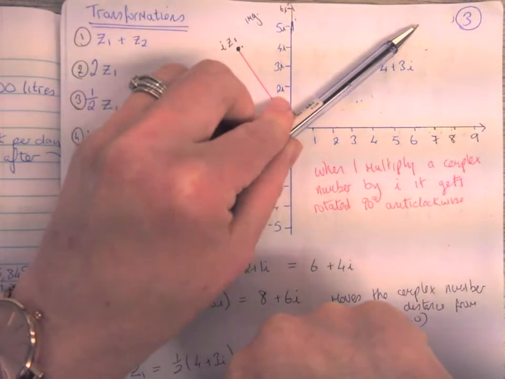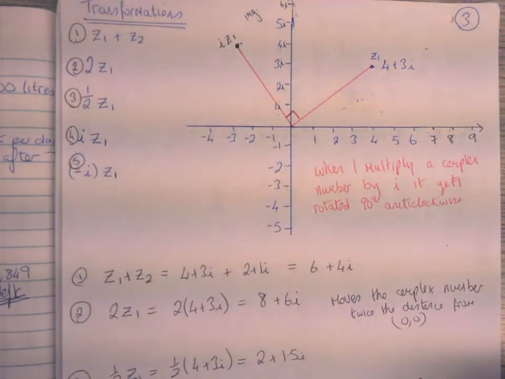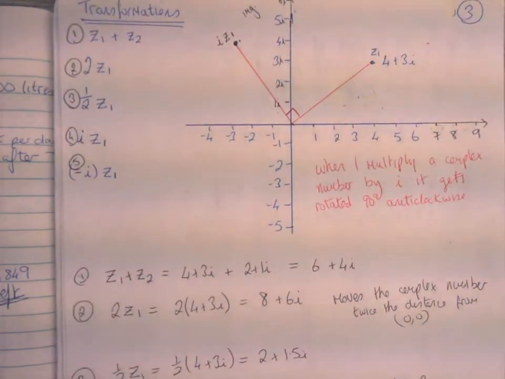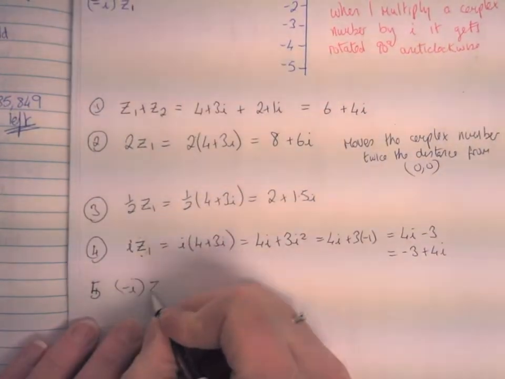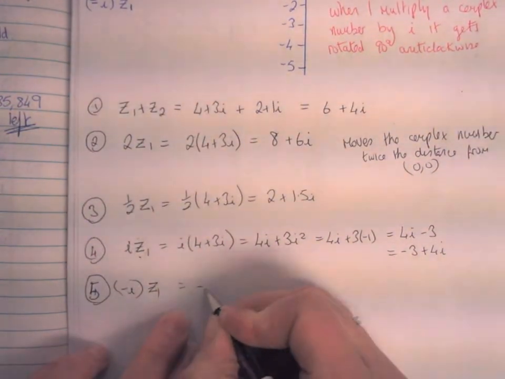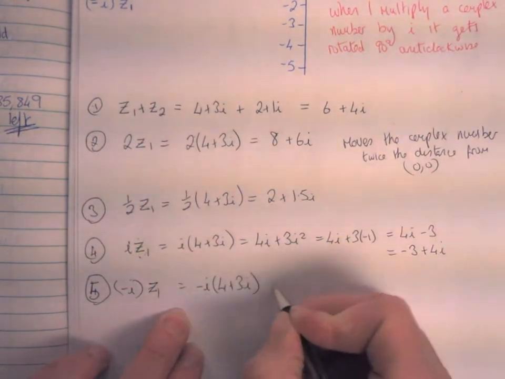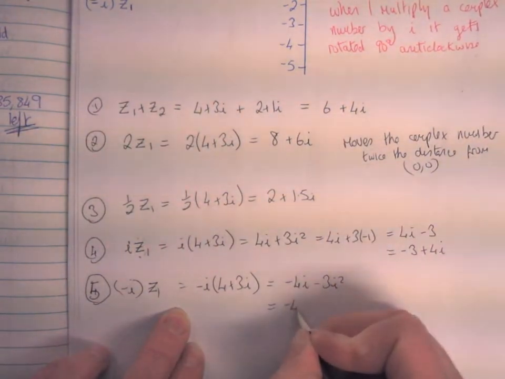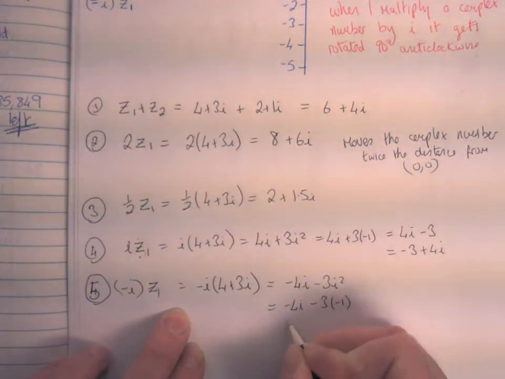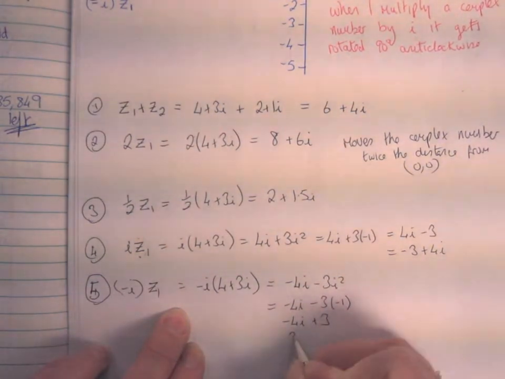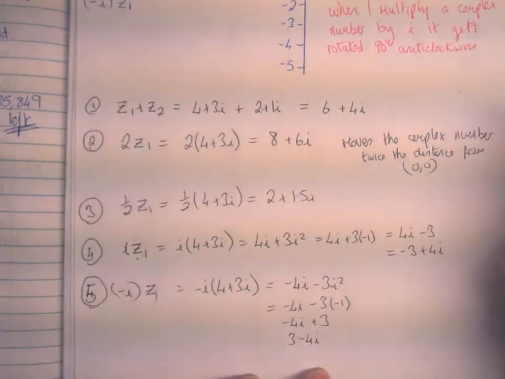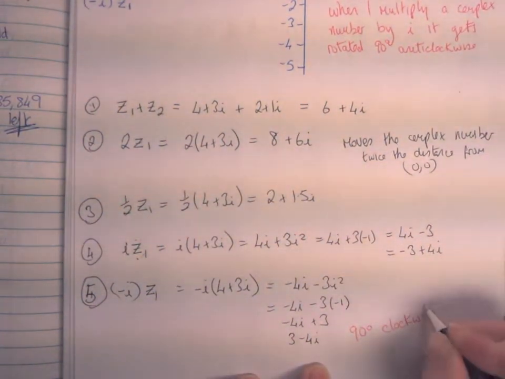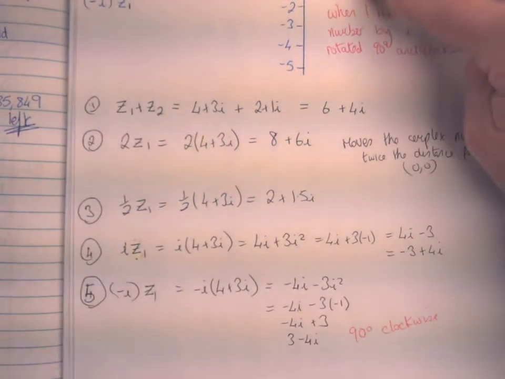Yeah, exactly. If it was minus i, it'd go this way. Perfect. So minus i times Z1 is 90 degrees clockwise, so 3 minus 4i.